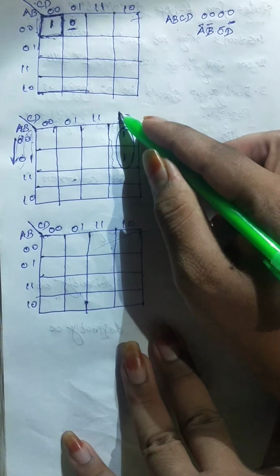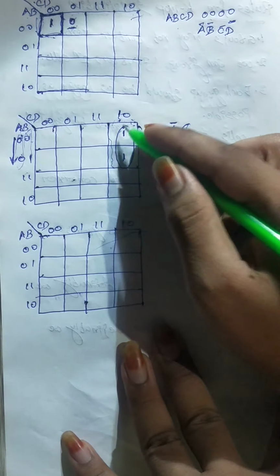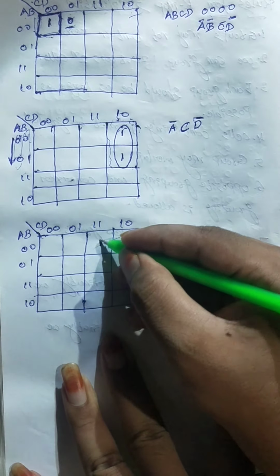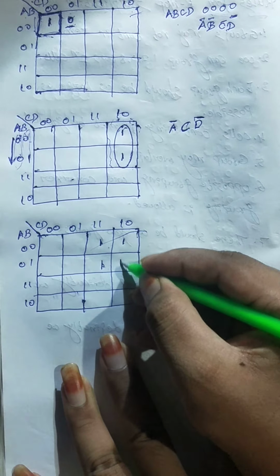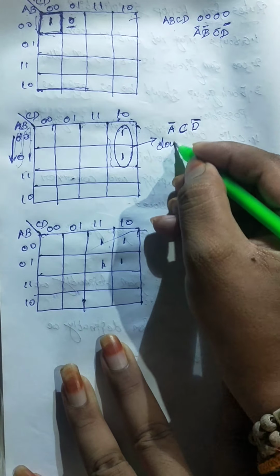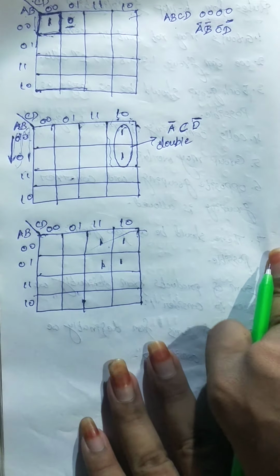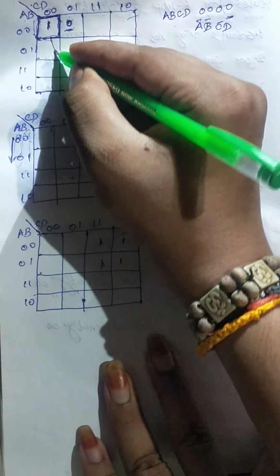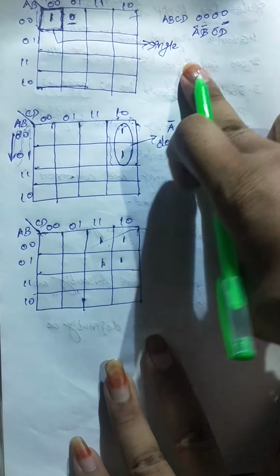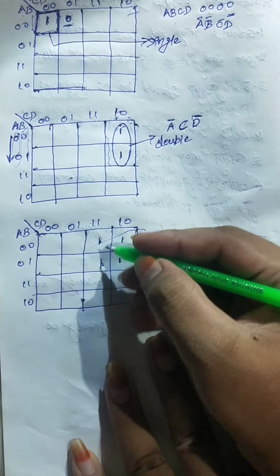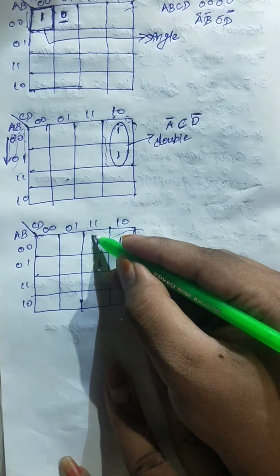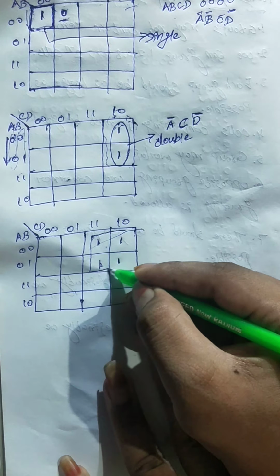Here the value of 1 is C and the value of 0 is D bar. Here this is single combination, double combination, quad. Here the combination will be taken as quad, 4 combinations.